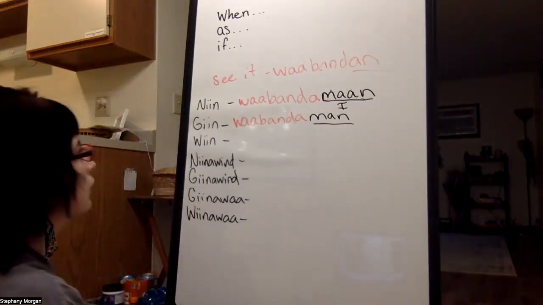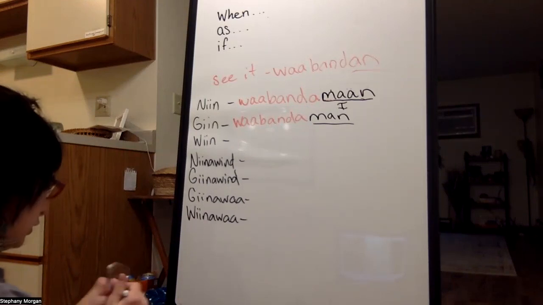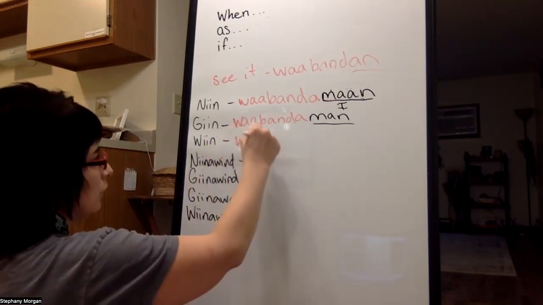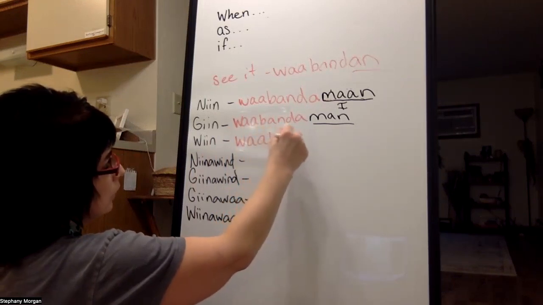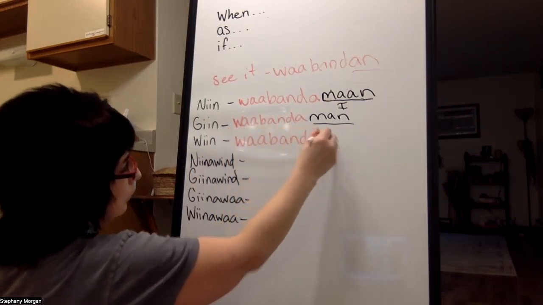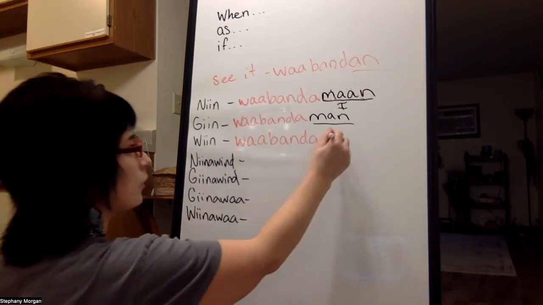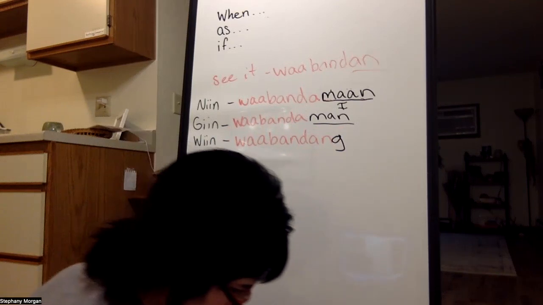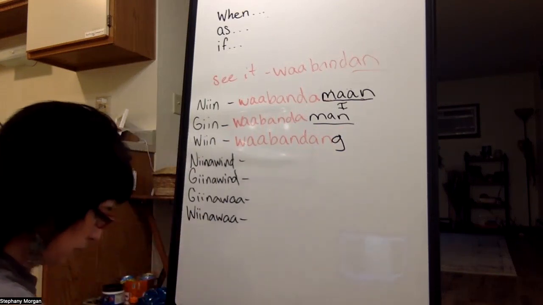And then in an ending verbs, when talking about he or she, you get when he sees it, or when she sees it, wabanda, and you just add a g. Wabandang, when he or she sees it.